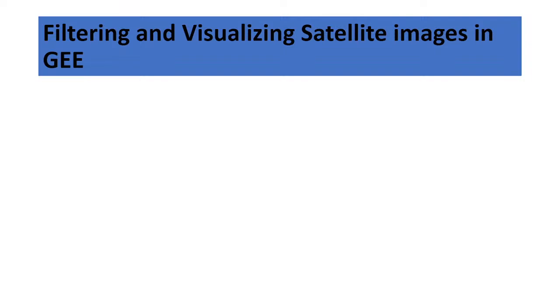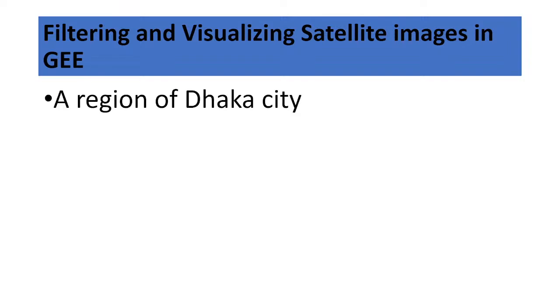So basically, when you want to filter an image collection in the Google Earth Engine platform, it mainly depends on three factors. The first factor is your region of interest. Suppose I need the Landsat satellite image for Dhaka city or any specific boundary. This is the first factor for filtering.